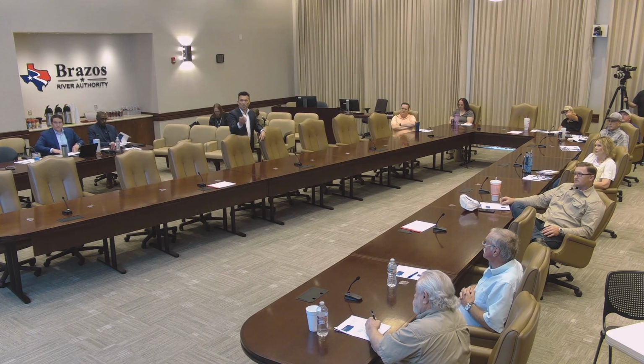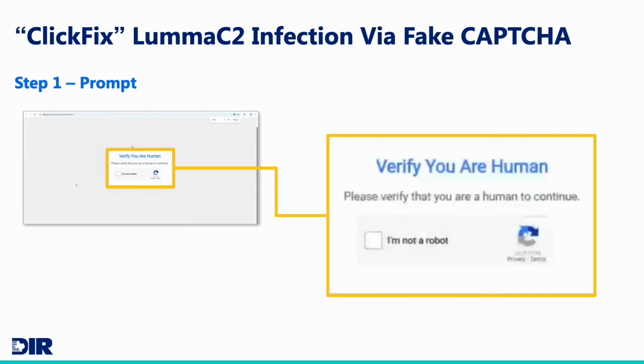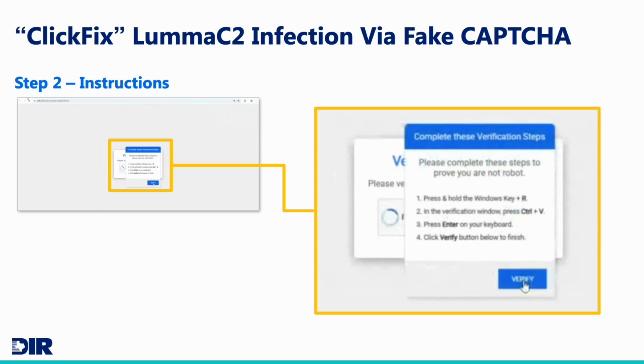But attackers are now exploiting these different types of prompts to get you to click on different things. So in this particular instance, instead of verifying you as a human, it's actually installing a particular type of malware. And pay attention to things that are odd or out of the ordinary.